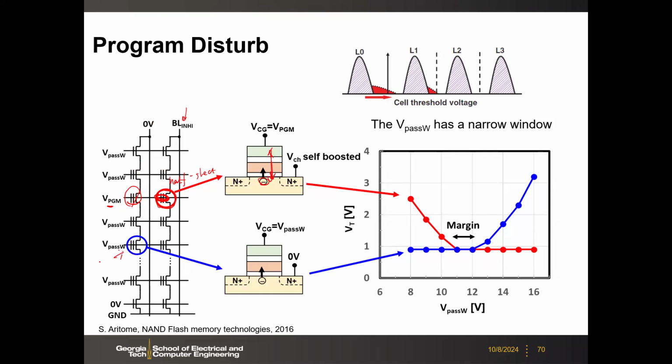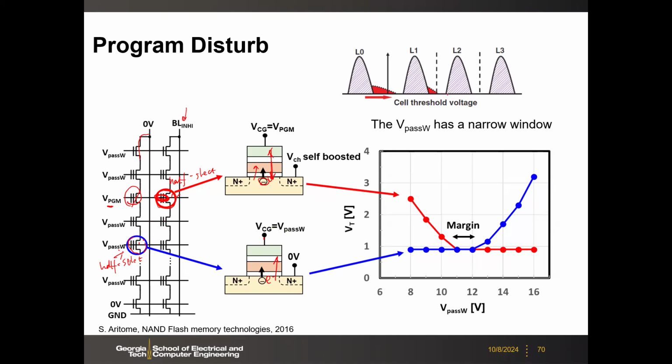Because here this V pass itself is kind of high, right? The V pass, even though the channel is at ground, this 0 voltage is passed to the channel. Then the V pass W itself is kind of high, so you still have a certain probability to inject electrons. So both of those two cells may shift the VTH higher.